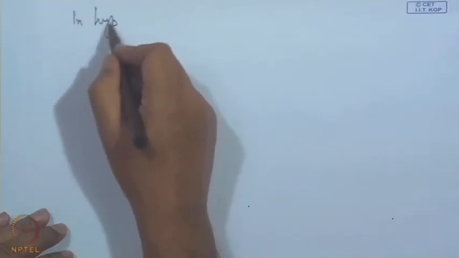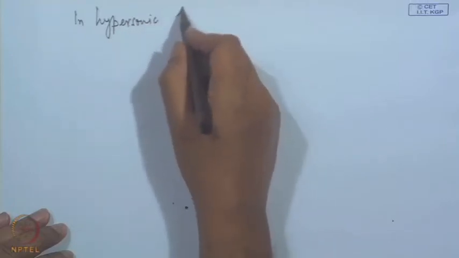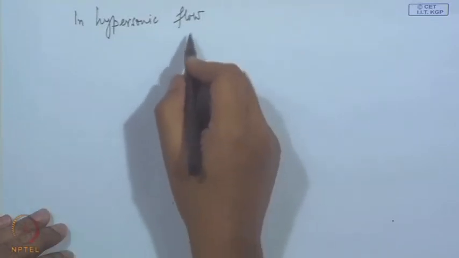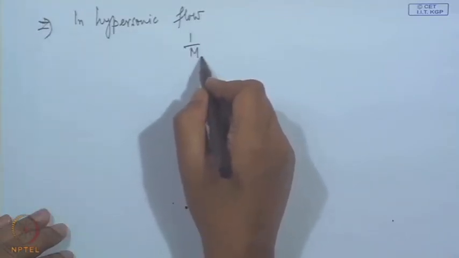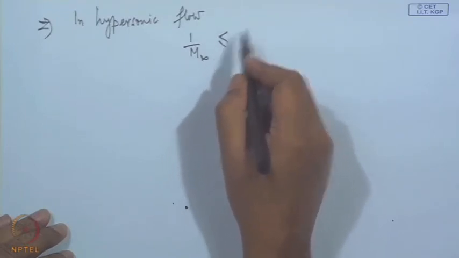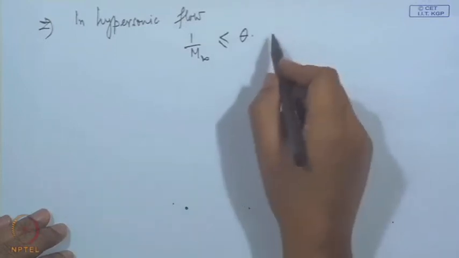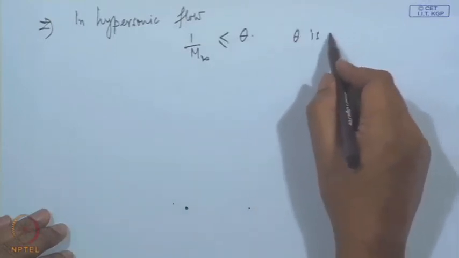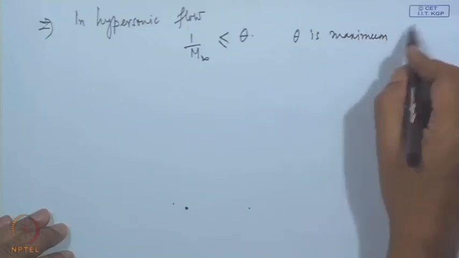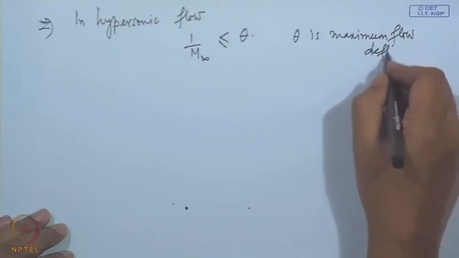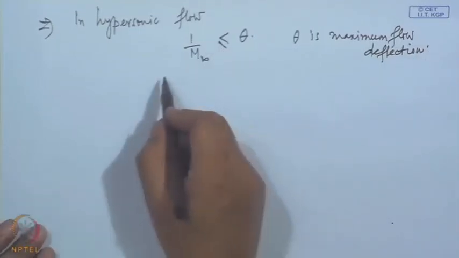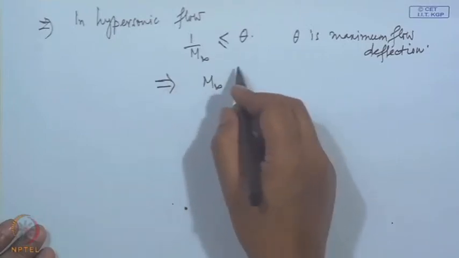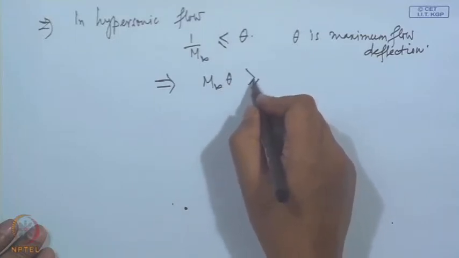So, what we get is that in hypersonic flow, 1 by M infinity is comparable to theta, which implies that M infinity theta is much larger than 1.